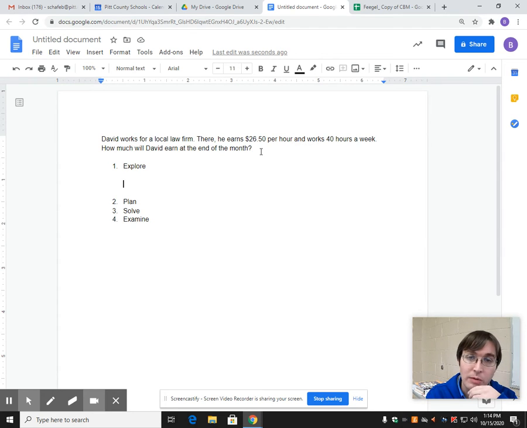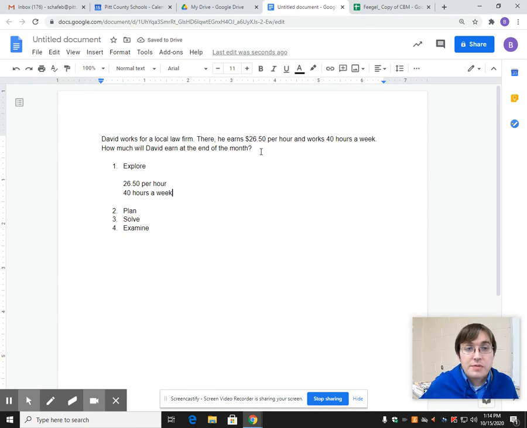So, looking at this problem, I see that David earns $26.50 per hour. And I also see that he works 40 hours a week. Okay? Those seem important for an obvious reason. They both involve numbers. Then there's something that's going to be very important as well, and that's what does the problem want me to do with this information?